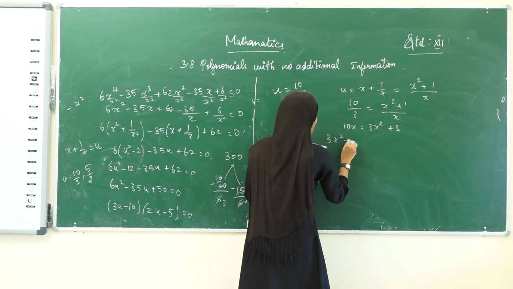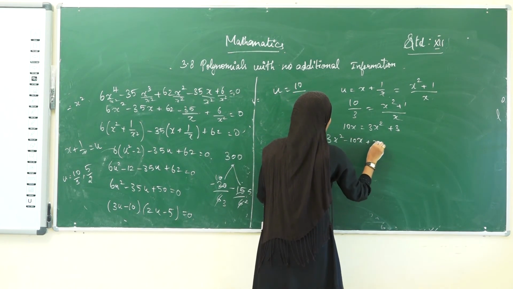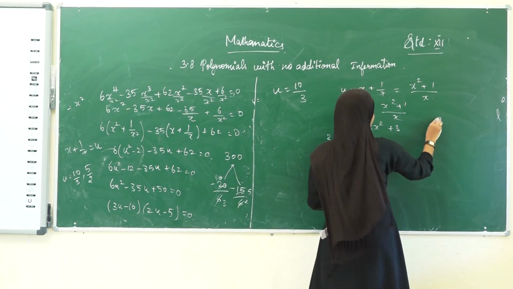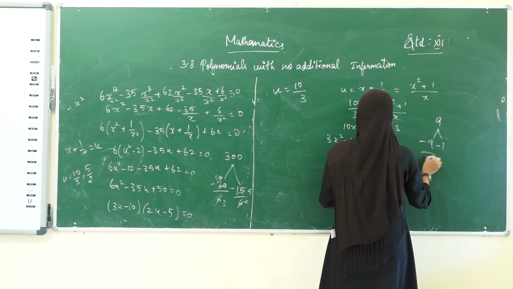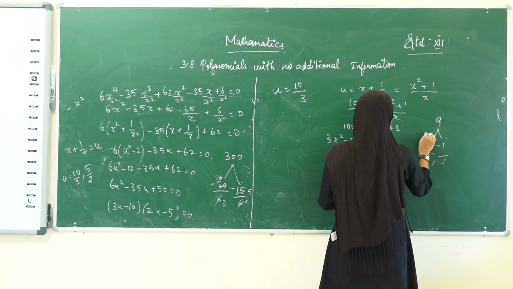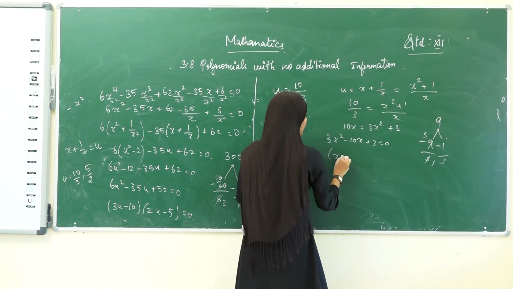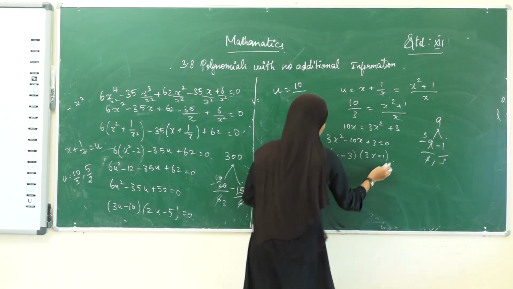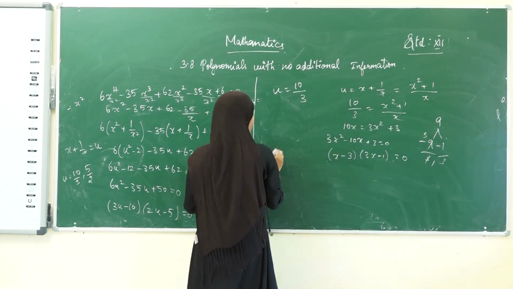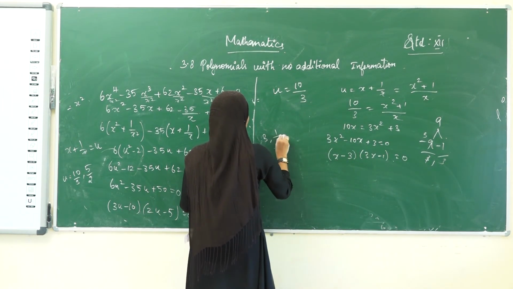So 3x² minus 10x plus 3 equal to 0. We have to factorize this. 9 into 1, divided by 3, 1 and 3. Therefore what's the factor here? (x minus 3) and (3x minus 1) equal to 0. So the solution we got from this is 3 comma 1/3.